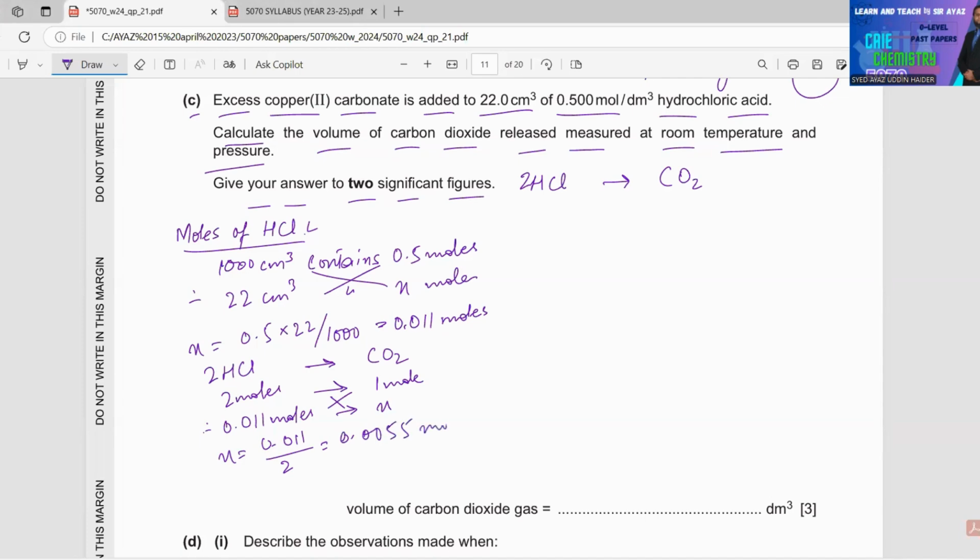0.0055 moles. Now, in order to get the volume, we know that 1 mole of any gas at RTP, room temperature and pressure, occupies a volume of 24 dm cube.